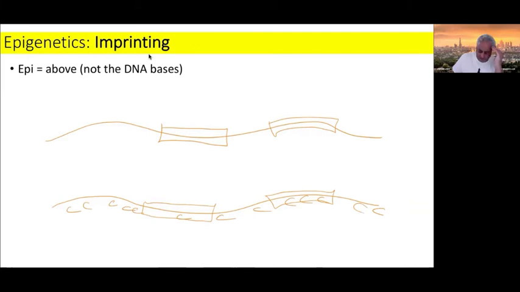So what the system does, it has a bunch of enzymes, and these enzymes can add chemical tags to this DNA backbone. Not only that, it can also add chemical tags to the proteins that are taking care of the DNA. So as you know, chromatin is the name for DNA plus protein. So this is chromatin. And working alongside the chromatin are these enzymes that can add and remove these chemical tags, right?